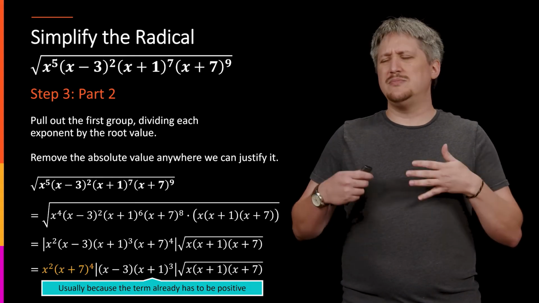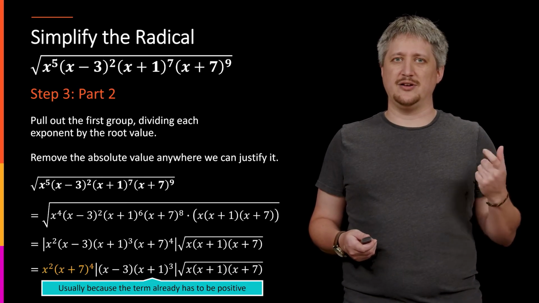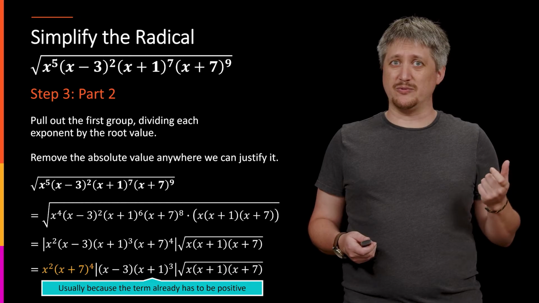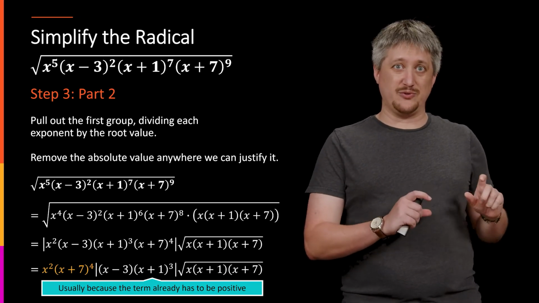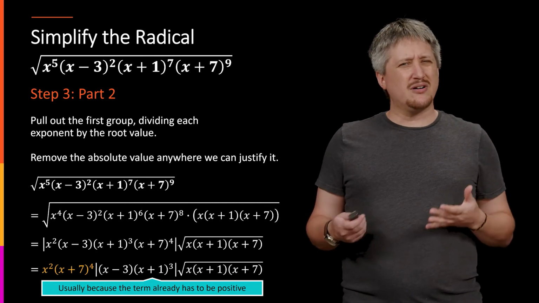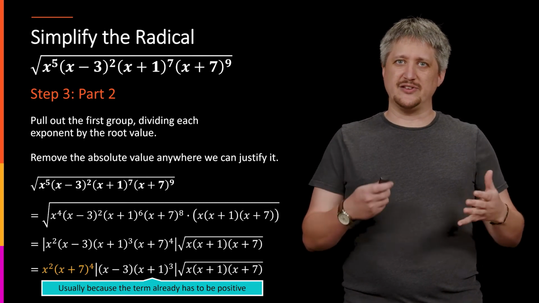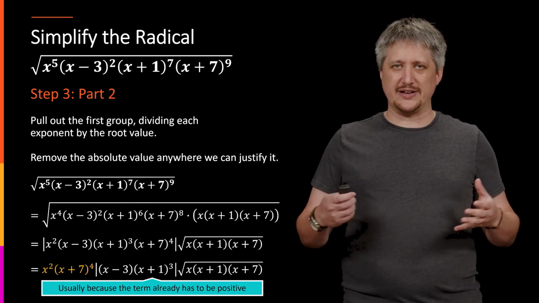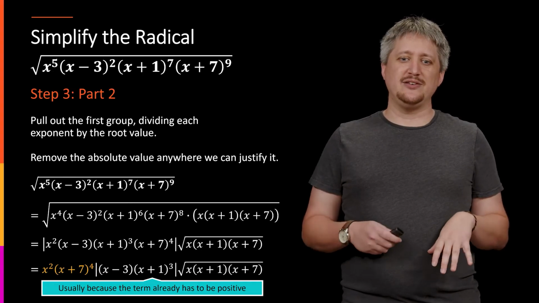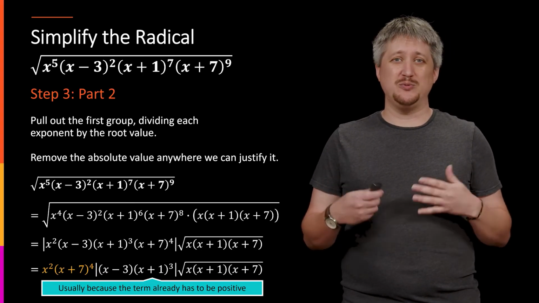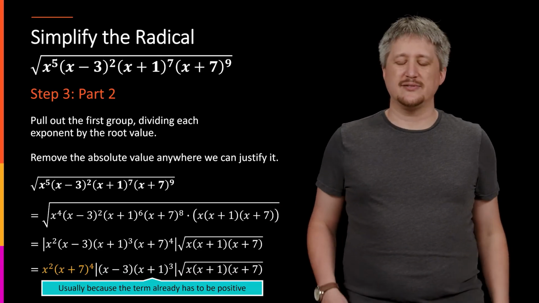Most of the time, the lion's share of the time, this is because we have an even power already, and that even power is doing that for us. But there are other situations, like domain restrictions, if this is a physics or real world problem where you're only considering certain x values. So wherever you can get rid of the absolute value, it's a good idea to do so, because absolute values are just really hard to deal with in most contexts.